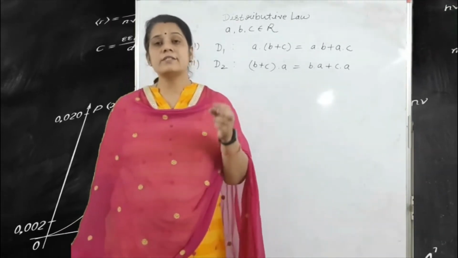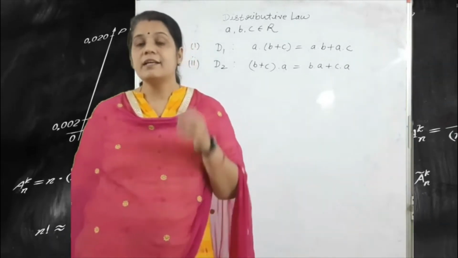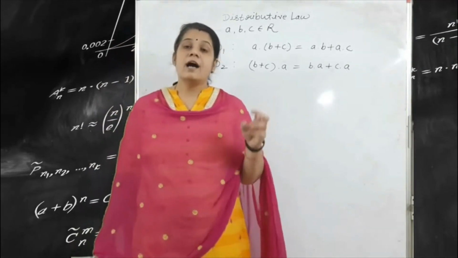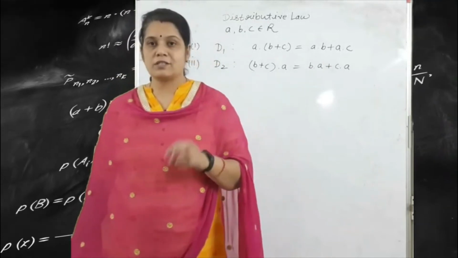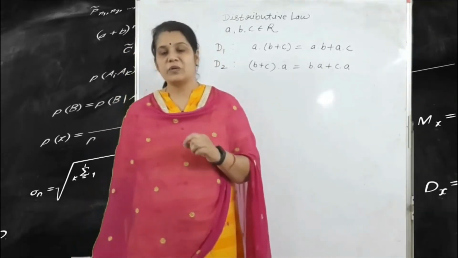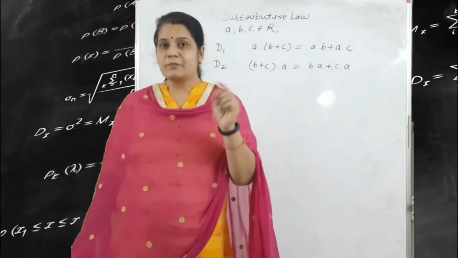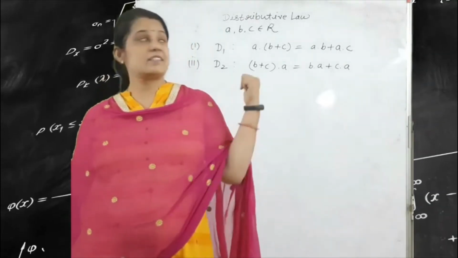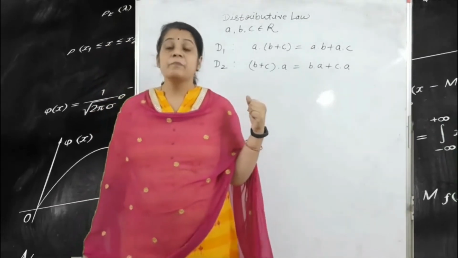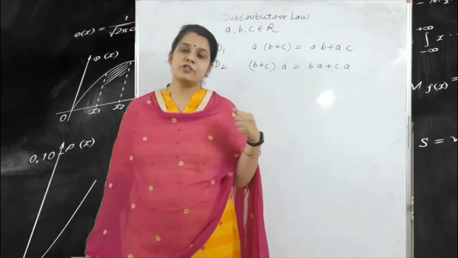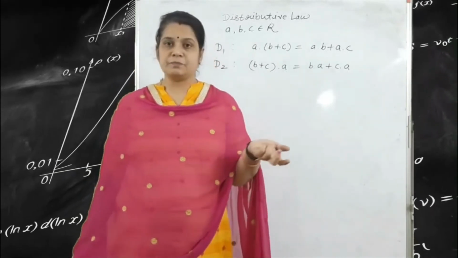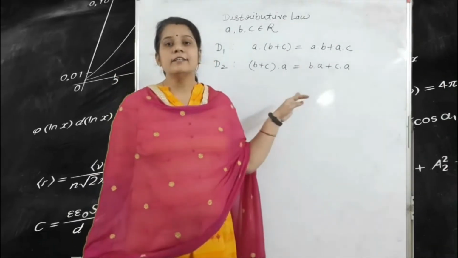If all these three conditions are satisfied, then we can say that R plus dot is a ring. Okay, so here we write R because we are looking at the ring. Okay, so according to our question, we are given a set for finding the ring.